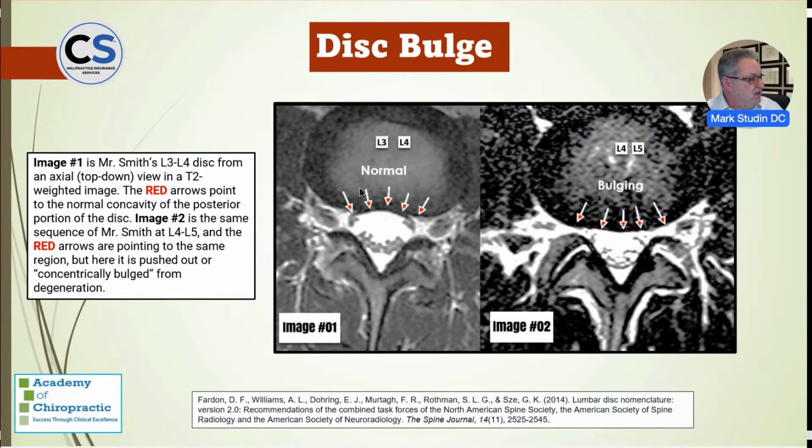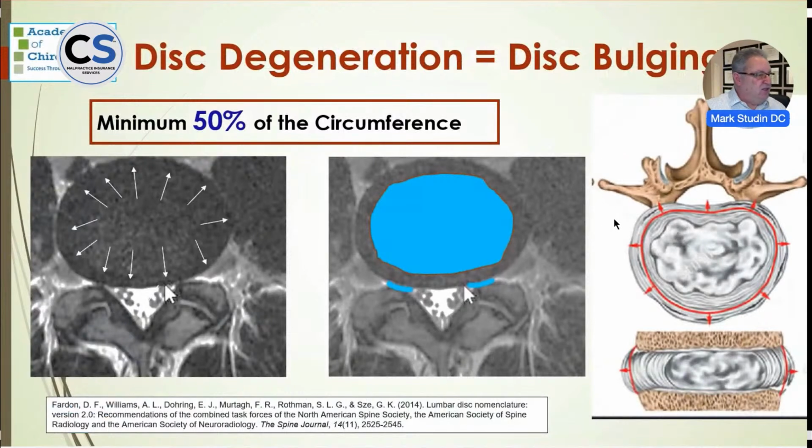So we just discussed this. The red arrow points to where it bulged from going concave to convex. Now, when we look at a disc degeneration, a degenerative disc and a disc bulge are synonymous. So when there's degeneration, it's a minimum of 50% of the circumference. When you look at it, typically the hallmark is the neural canals, here and here.